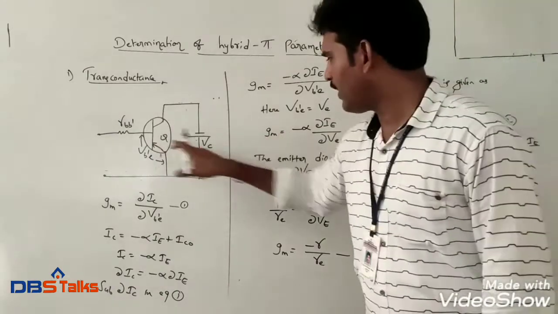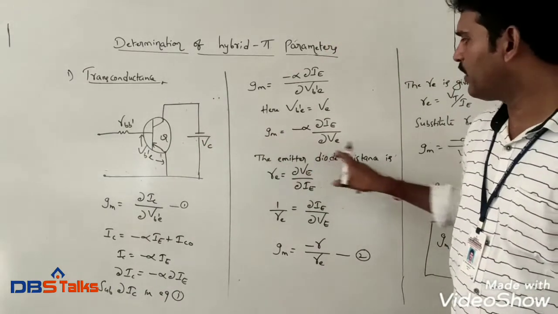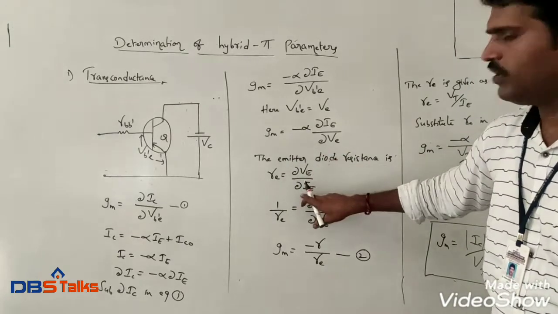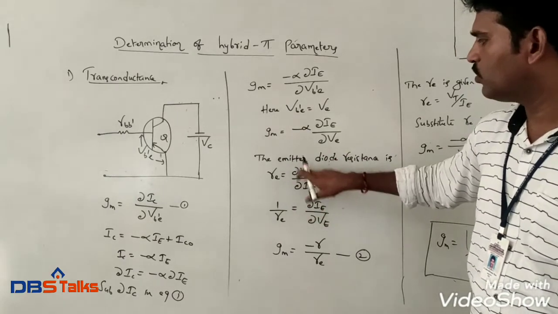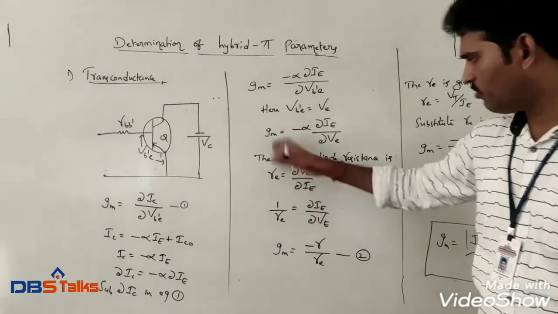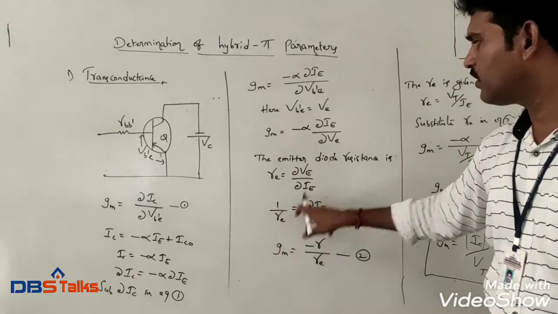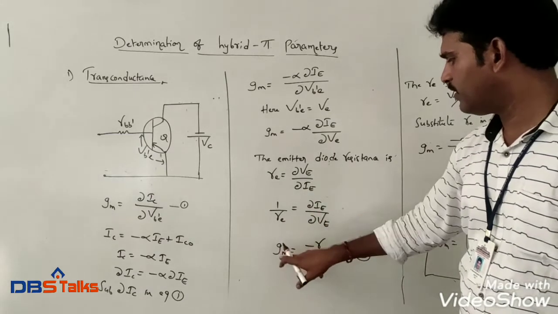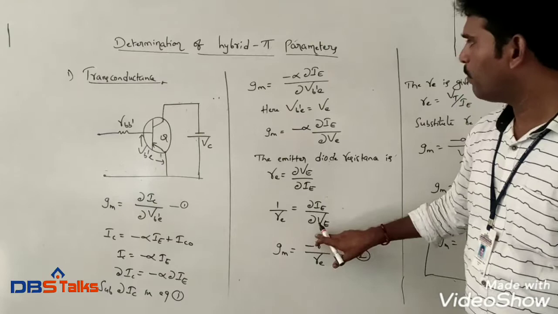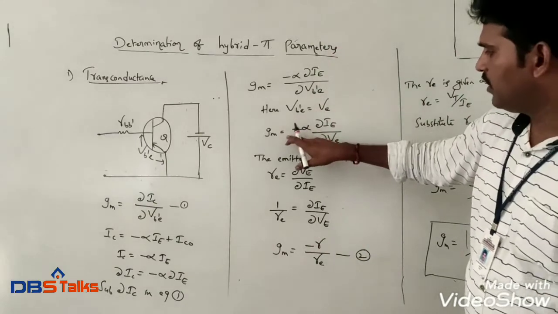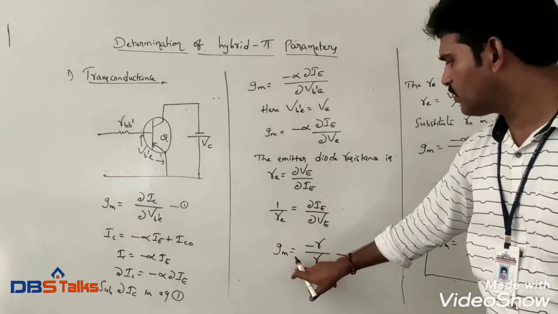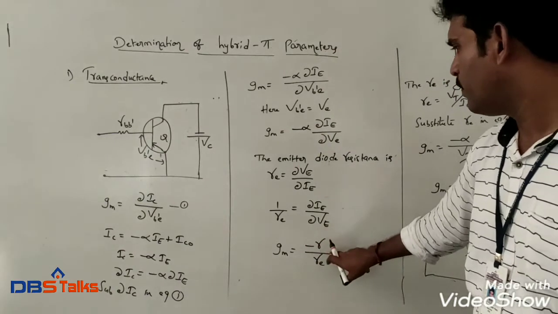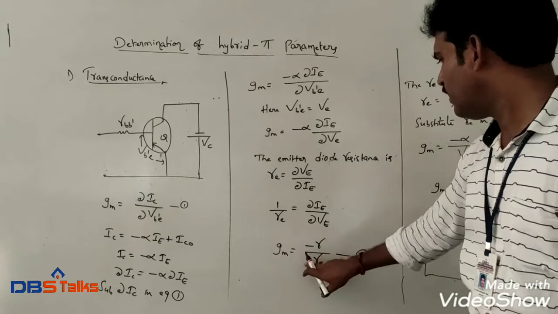Then the emitter diode resistance RE is the ratio of emitter voltage to emitter current. So RE equals dou VE by dou IE, and 1 by RE equals dou IE by dou VE. Then gm equals minus alpha by RE.